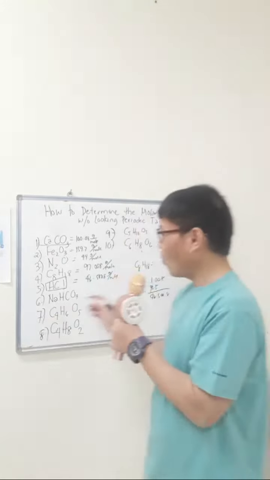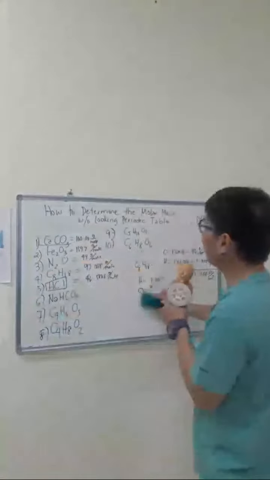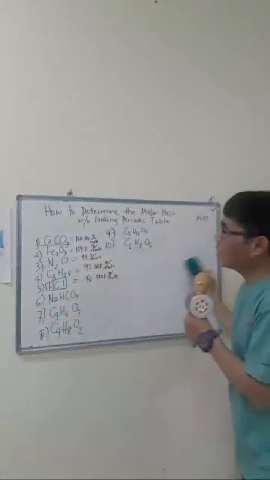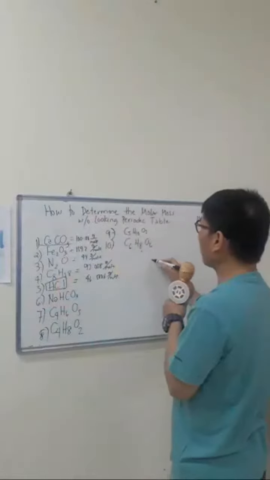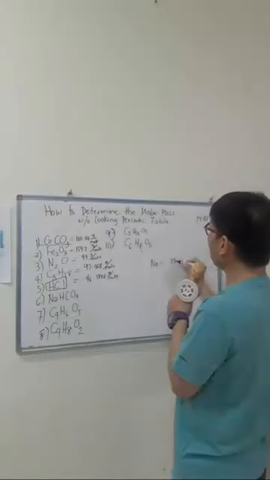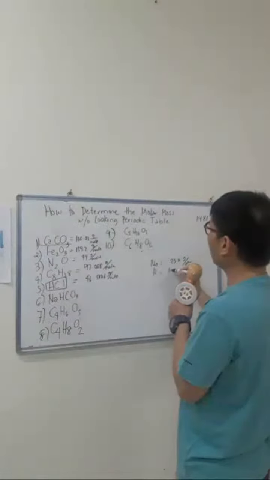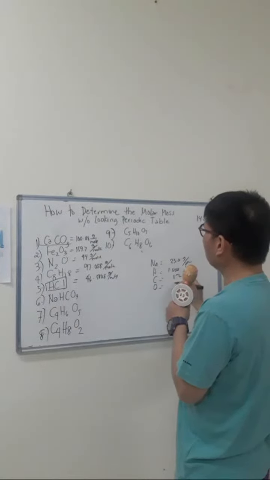Now our favorite, the raw material of making bread, pastries, cookies, biscuits, cakes, or whatever. This is sodium bicarbonate, or baking soda. How can we do the molecular weight of this? Sodium atomic mass is 23 grams per atom, hydrogen is 1.008, carbon is 12, and oxygen is 16.